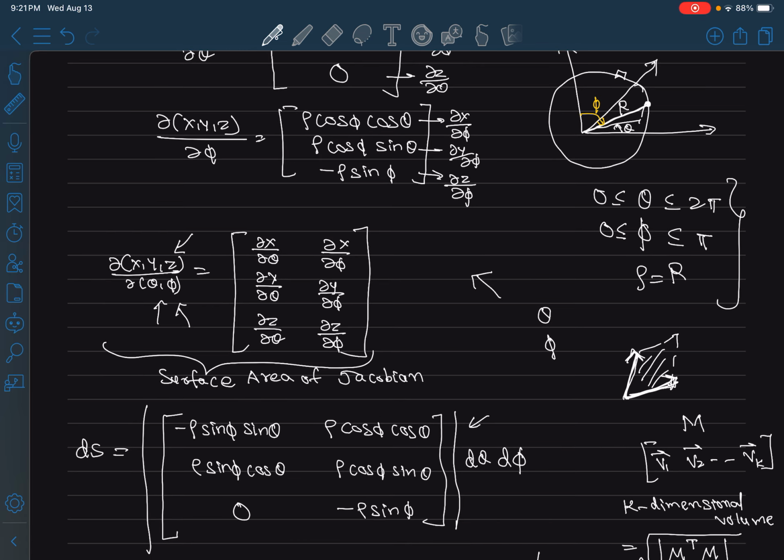And the interesting thing is, this can be generalized to any dimension. You don't need that cross product thing now. Even if you wanted to find a k-dimensional surface area, you can still use this formula. So let's say you are in 10 dimensions and you want to find a 9-dimensional surface area, you can still use this.